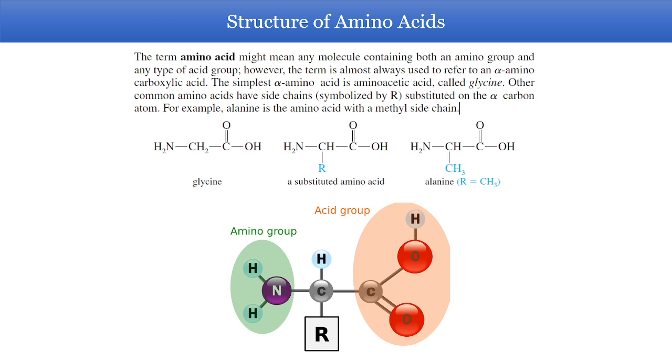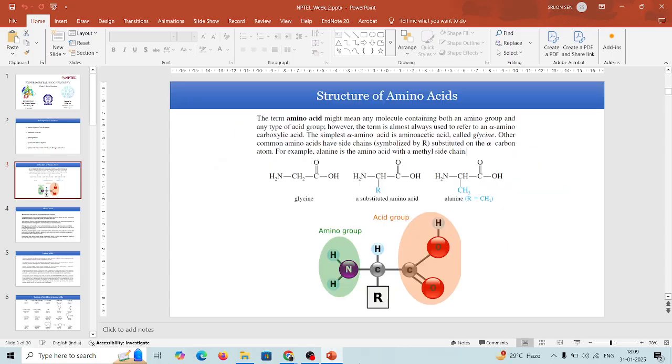But as of now, when this R group is a hydrogen, it is the smallest amino acid, glycine. When the R group is a methyl group, it's alanine. The number of times we vary this R group, different types of amino acids can be generated.